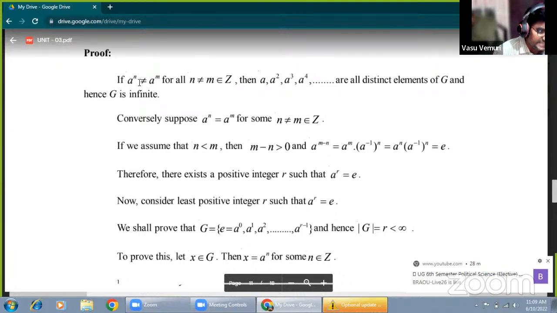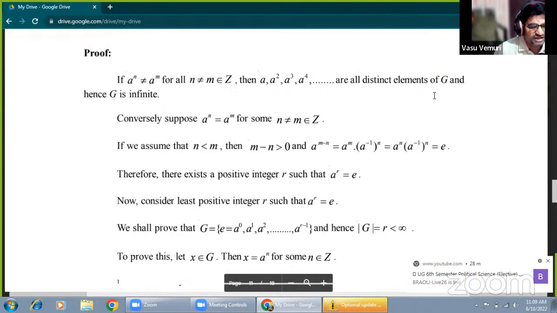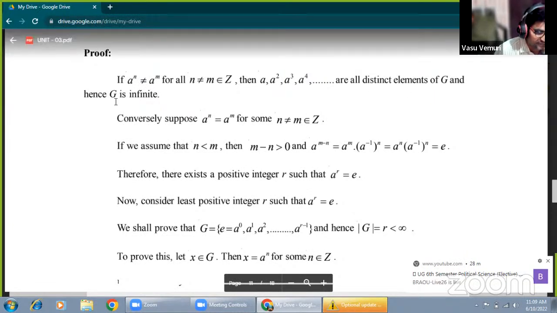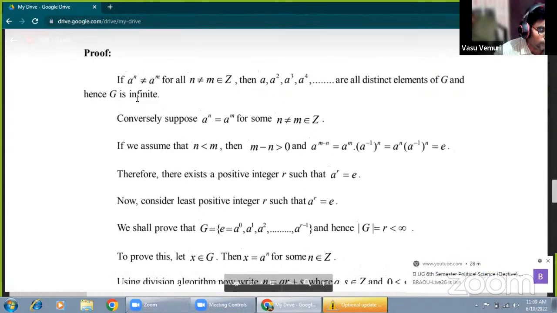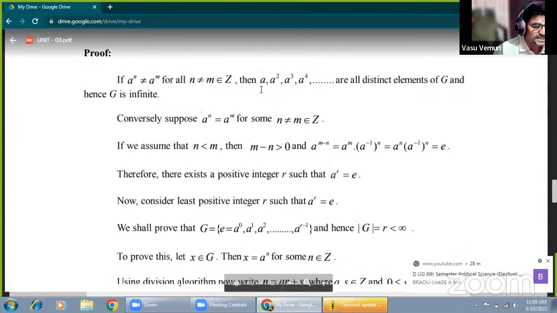Suppose A power n is not equal to A power m. Then these elements are all distinct elements of G, and the cyclic group is infinite, because A square, A cube, A power 4, there are so many elements. Conversely, this necessary part is also enough.